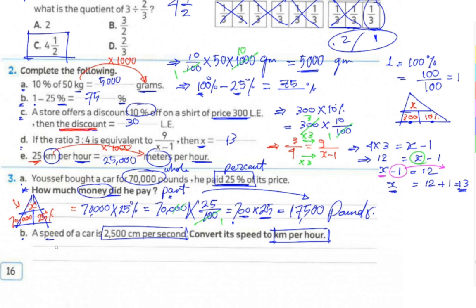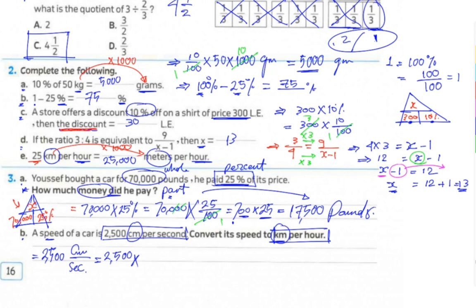Note with me and attention. I have the number 2,500, but this number is centimeter per second. The number doesn't change. Times, I need to change this centimeter to kilometer. How to change from centimeters to kilometers?